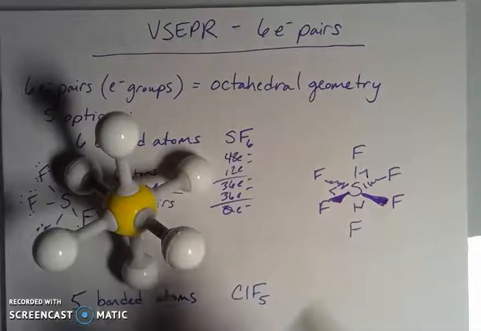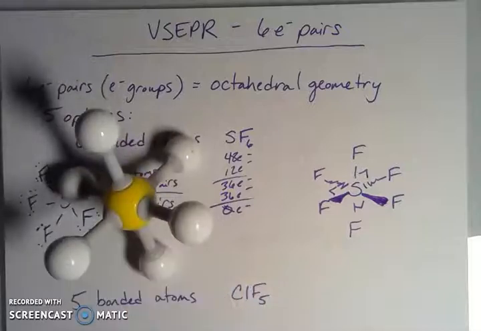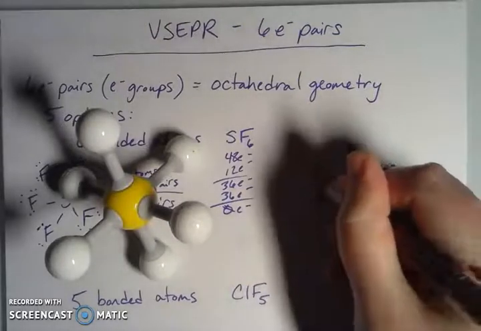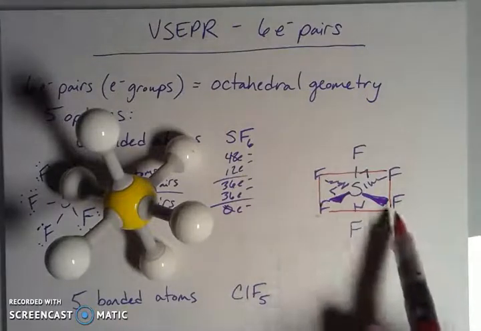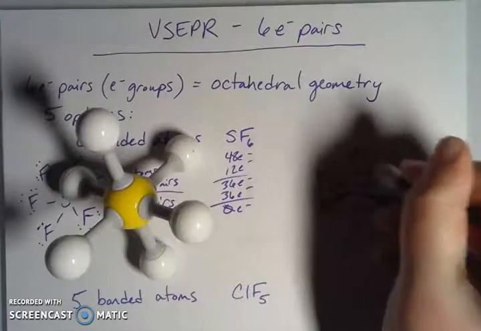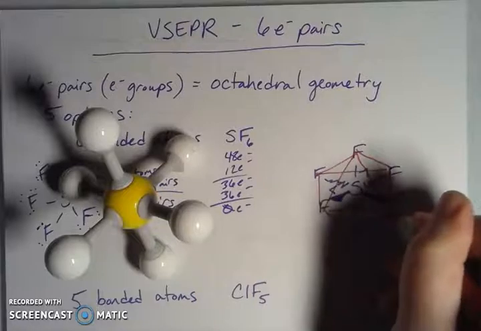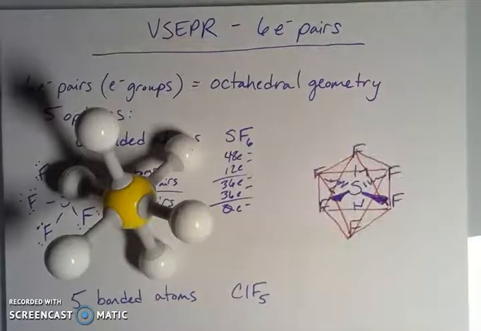In order to see this 3-dimensionality, you can see it in my ball and stick model here, which is useful, I think, visually. But if we're also trying to visualize this on a 2-dimensional surface, we really have a base that's square if we use our fluorines, and then if we connect in a pyramidal way my atoms to the points, then we end up with a shape that has 8 surfaces, right?